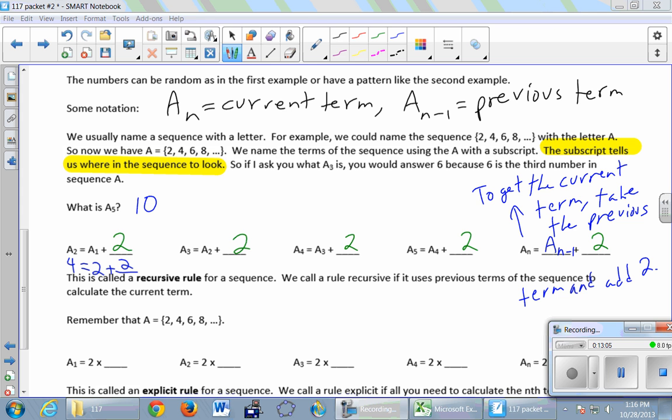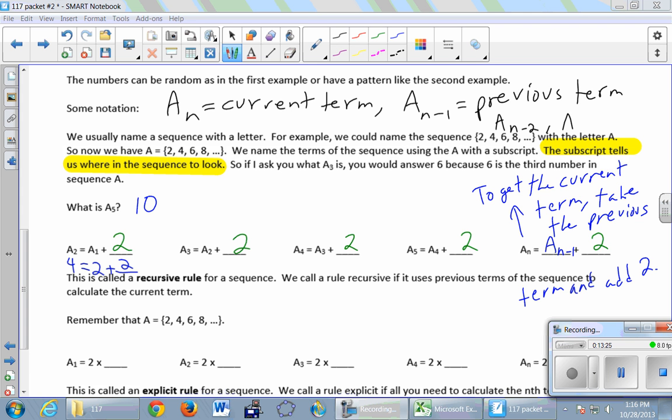Because the previous term is just one before the current term. So if you're sitting on an n and you want to go one before, it's just n minus 1. What if I gave you something like this? A sub n minus 2 is go back 2 terms. You're standing at the current term, go 2 terms before.